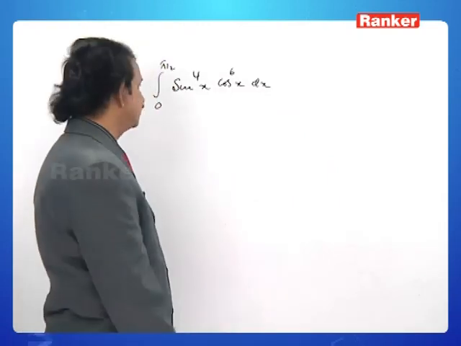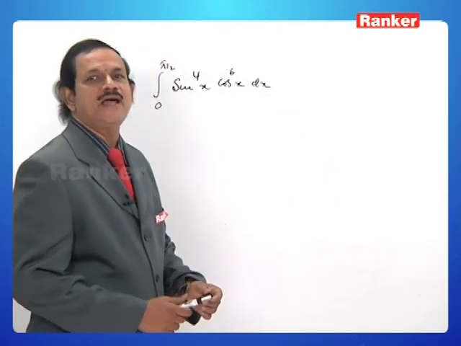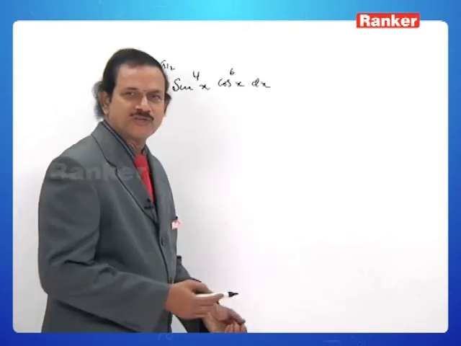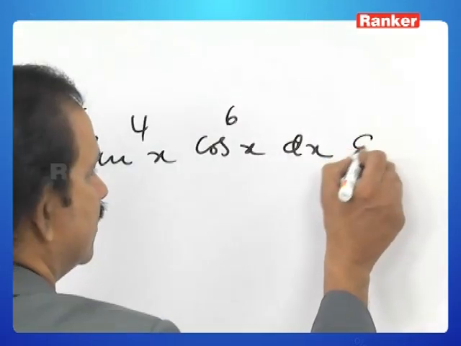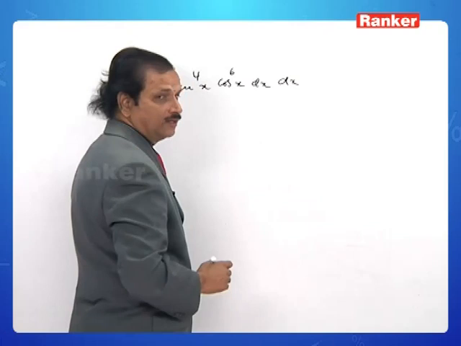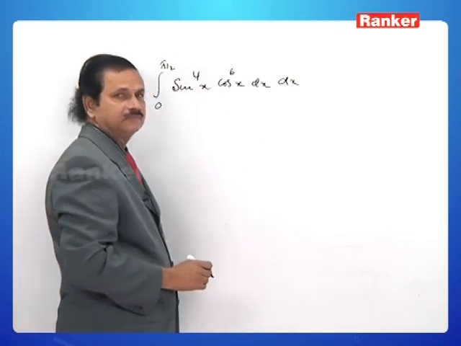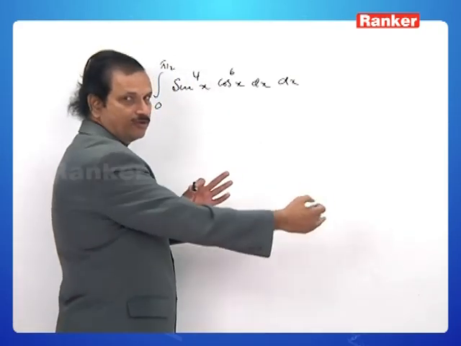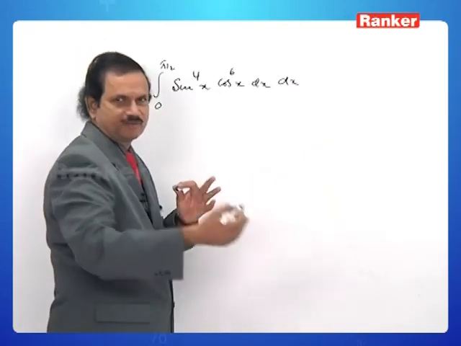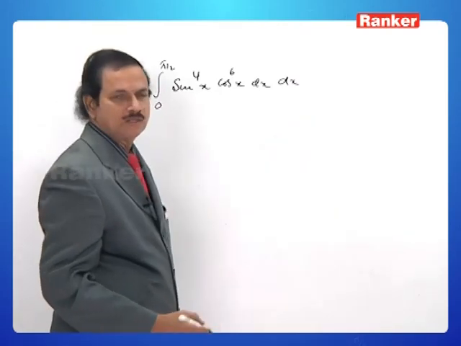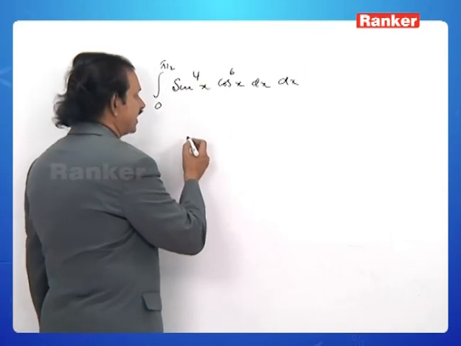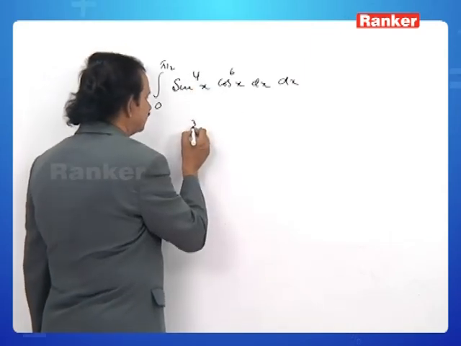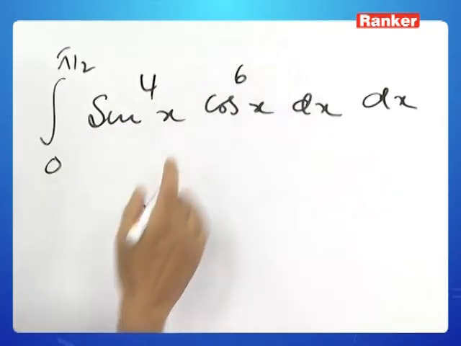In the first case, both m and n are even. Let us see what is going to happen. This is dx. I think you could have recollected the formula; it's not possible to write such a lengthy formula beside that. What is the very first factor? M minus 1, that is 3. M plus n, that is 10.